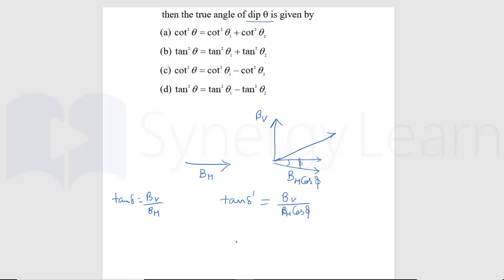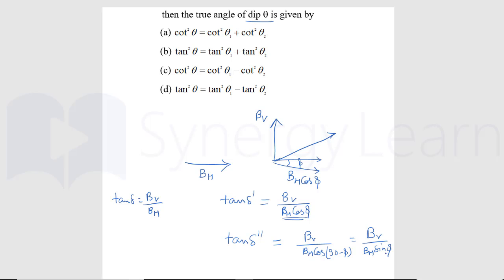In two perpendicular planes, so if in one of the planes we have component BH cos phi, then in its perpendicular plane tan delta double dash will be equal to BV by BH cos 90 minus phi, which is sin phi. That is BV by BH sin phi.